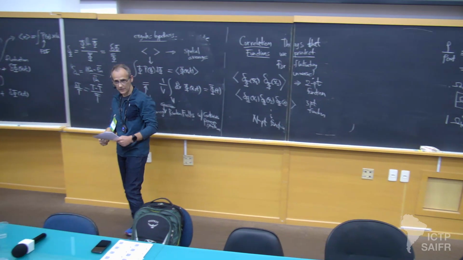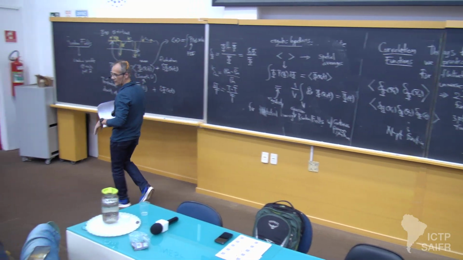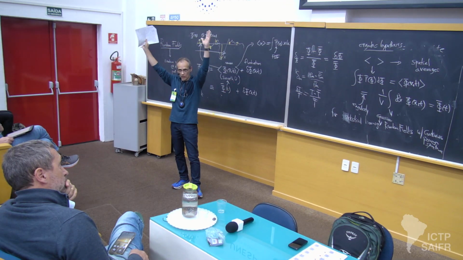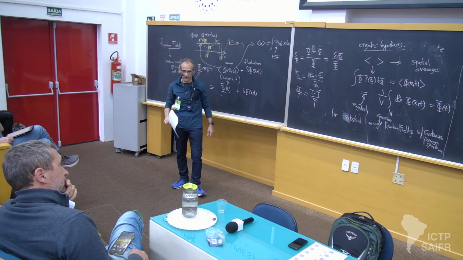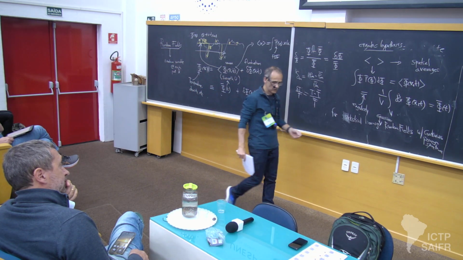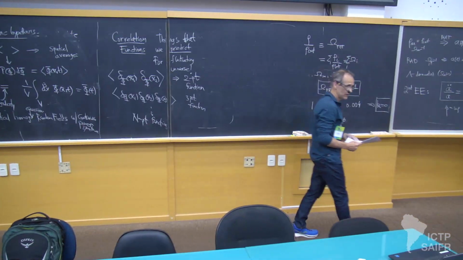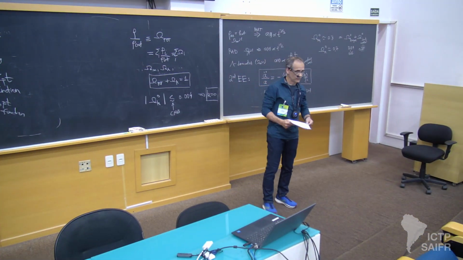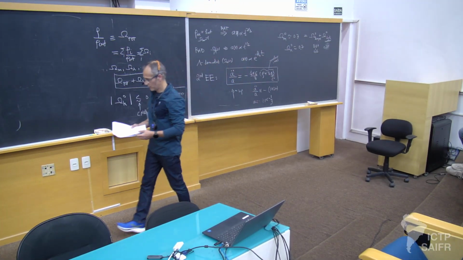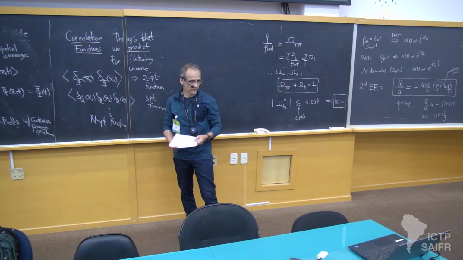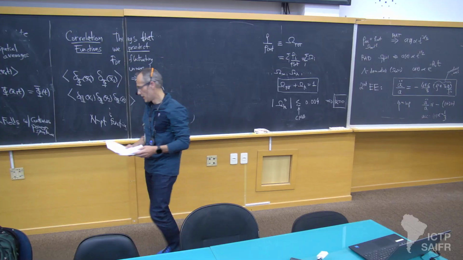And all the statistical properties of a random field get completely specified once you specify the n-point functions with n going to infinity, okay? That's a very tough job to do. Typically, when people do this in observations, we work with the 2, 3, and 4-point functions. That's the current status, okay?